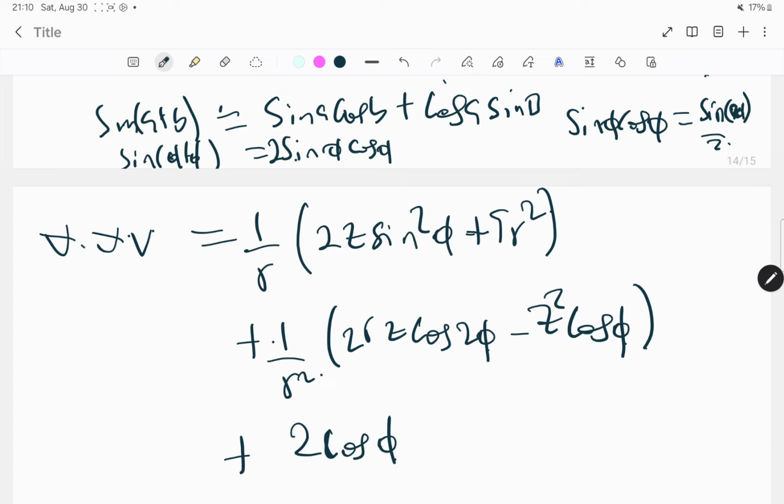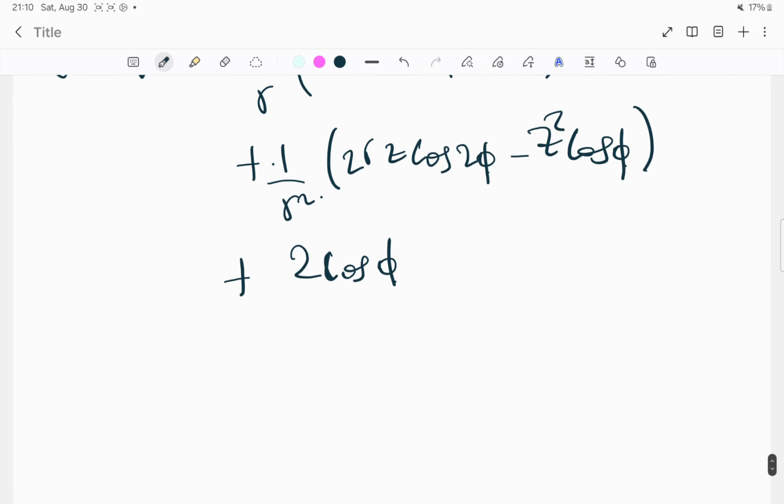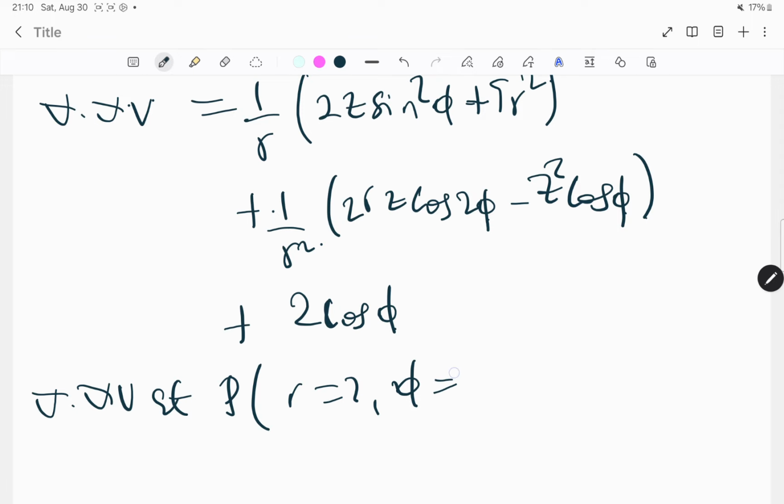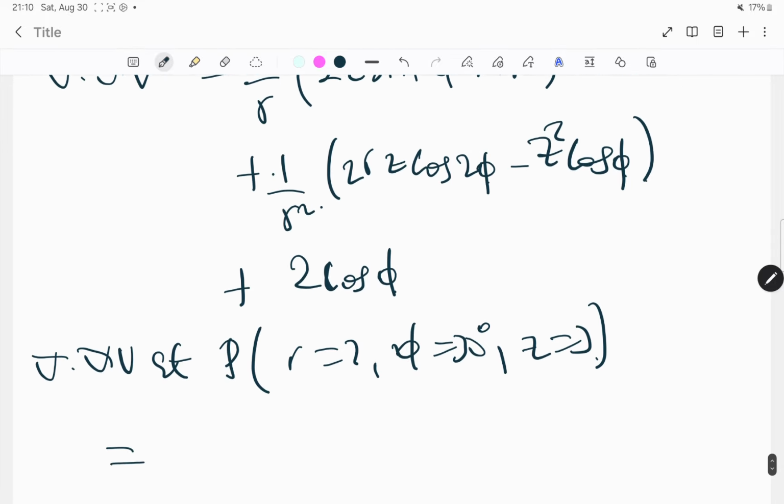So now that we've done this, so this is our answer for this, and we are to find the scalar function at this point. So now that we have this, we can come and write the Laplacian at point P, and point P here we are told r is equal to 2, phi equals 30, and then z equals what, 3. So at this point our Laplacian is going to be equal to, but even before this we can further simplify, right?